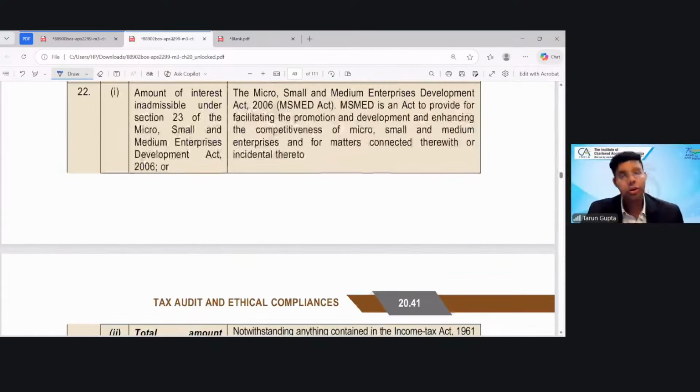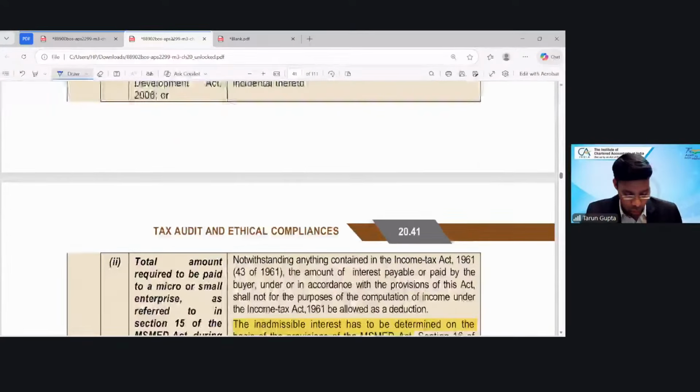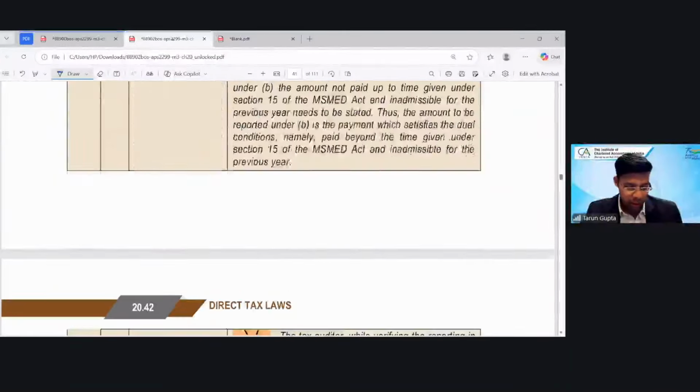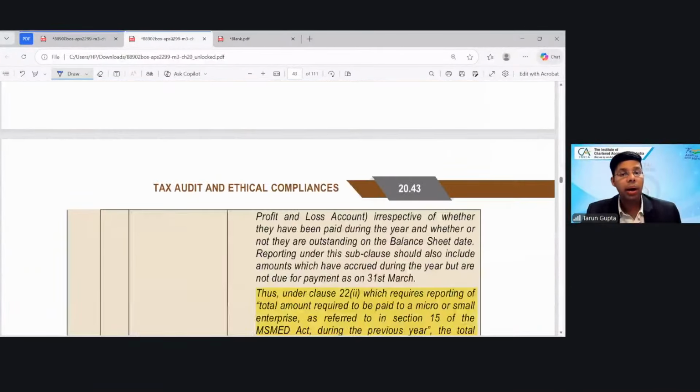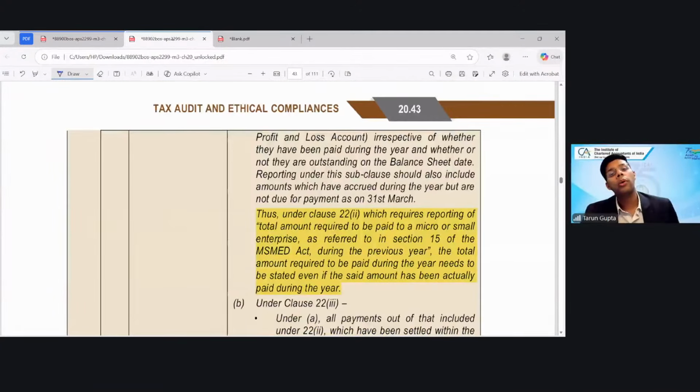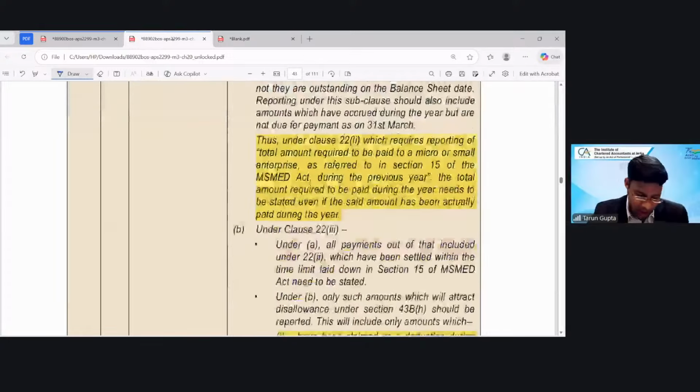The amount of interest payable to MSMED, which has actually been debited to the P&L account, is stated under this clause. Then this clause also requires the disclosure of any amount payable to the MSMED which was not paid within the due date as per the MSMED Act.